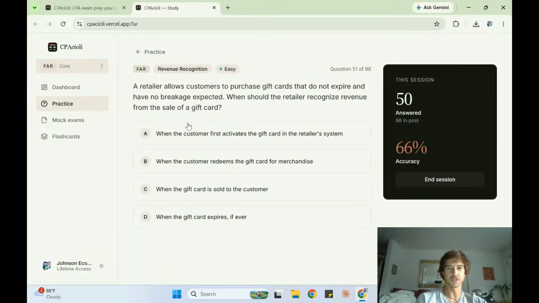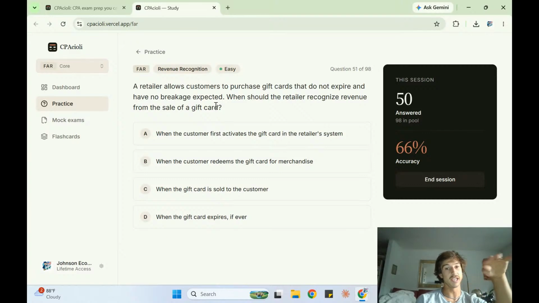Let's do a bonus because this one looks easy, and then we'll call it. Gift cards do not expire and have no breakage expected. When should the retailer recognize revenue from the sale of the gift card? It's when the services are provided.